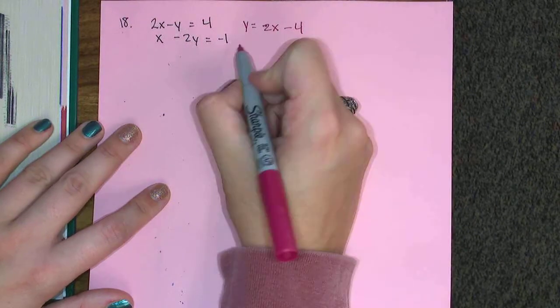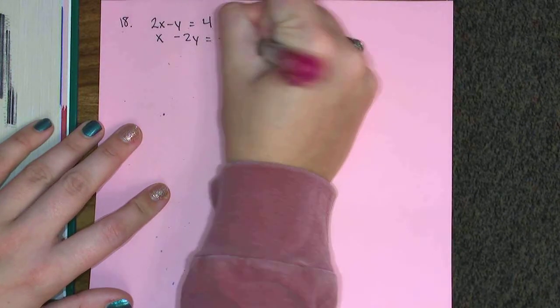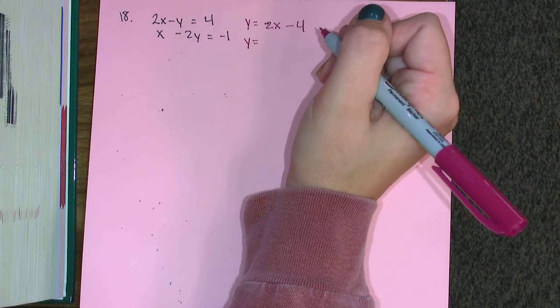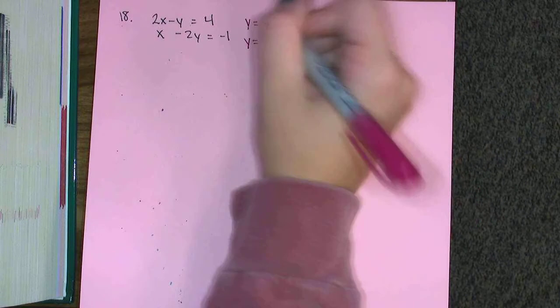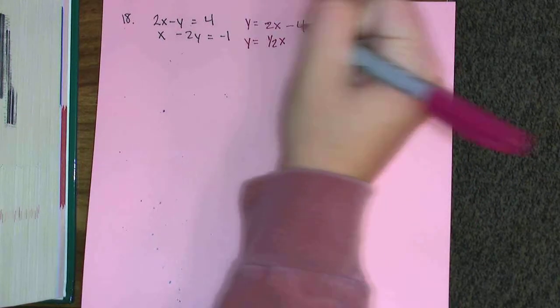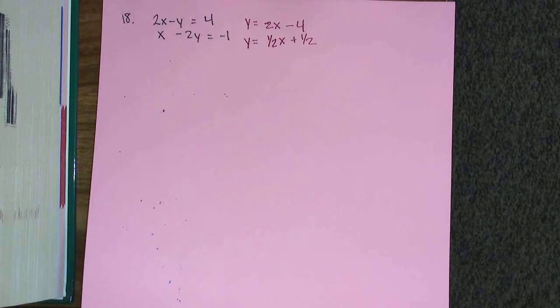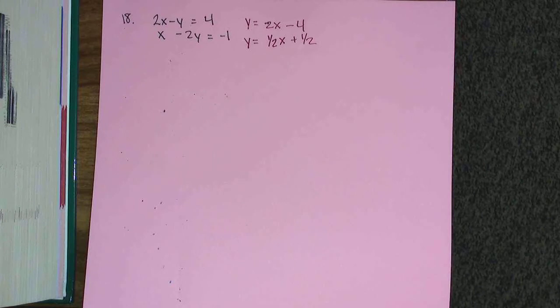And then the one below it, subtract x, divide by negative 2. Subtract x, divide by negative 2. If you guys need to do this in more than one step, please do.